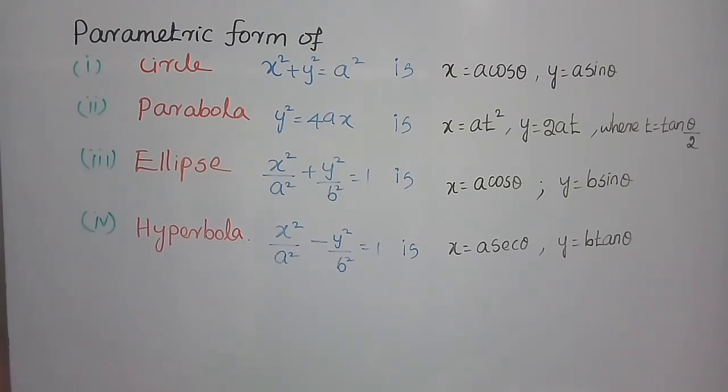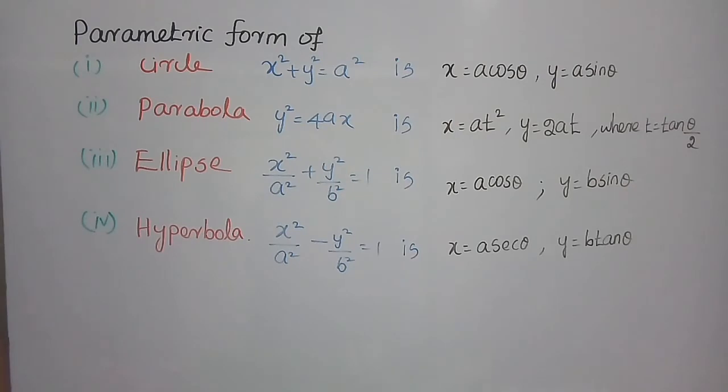Parabola: y square is equal to 4ax is the Cartesian form, and its parametric form is x is equal to at square, y is equal to 2at, where t is equal to tan theta by 2. So you should calculate the t value first using theta, tan theta by 2. After that, apply it here. Okay. So just learn this one by heart.